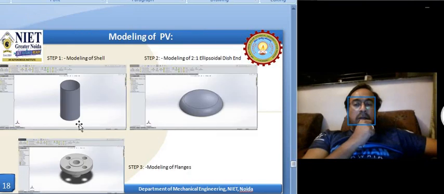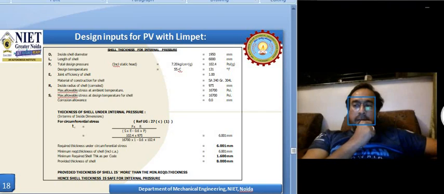Yes, moving next to the shell part of the design. Using all these parameters relevant to the pressure vessel, and using the formula for thickness, t is equal to P into R upon S into E minus 0.6 times P. P stands for pressure, R is the internal radius, S is the maximum allowable stress for the design temperature, E is the joint efficiency for the shell, which is equivalent to 1, and P is again pressure.